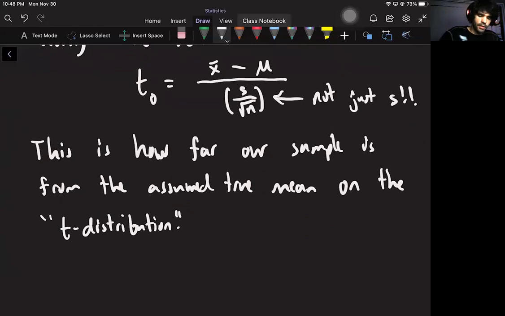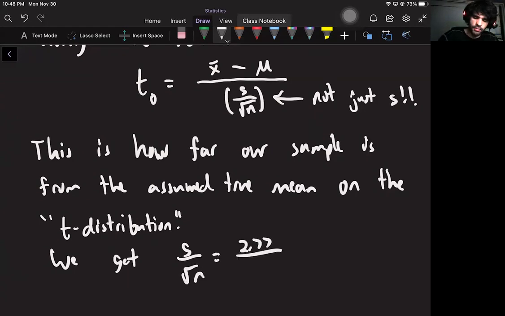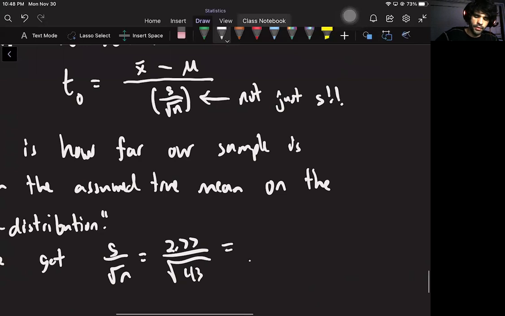So let's calculate some stuff. So first of all, what is s over square root of n in this problem? That is going to be 2.77, my sample standard deviation, and the sample size, there was 43 presidents. So that's where that is coming from. Okay, so that's going to go under there.